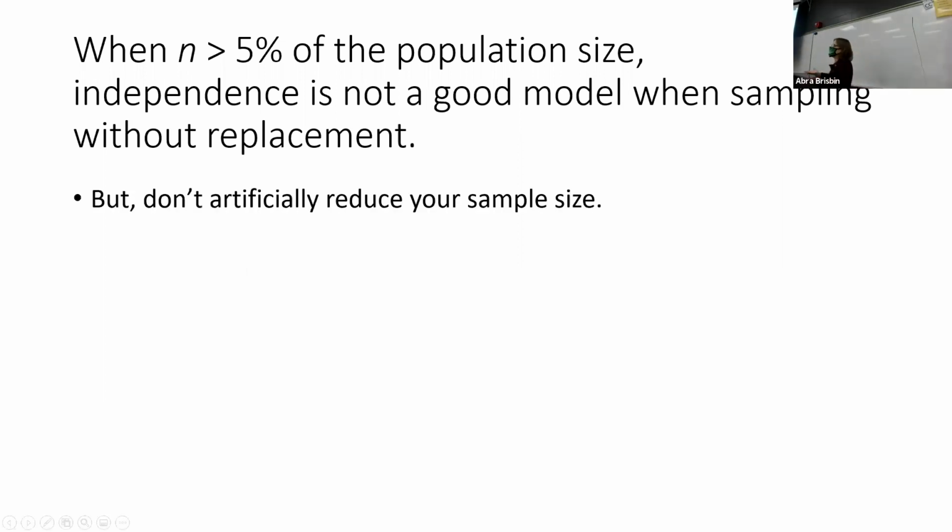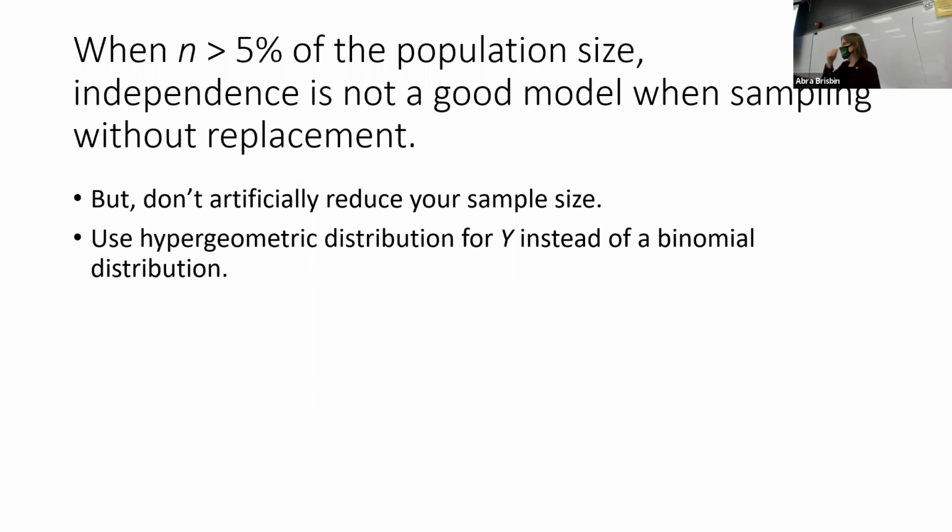But this doesn't mean that you should artificially reduce your sample size in order to get it to be less than 5% of the population. Having a large sample is still good. It still gives you more information. But in that case, instead of using a binomial distribution, we would need to use a hypergeometric distribution.